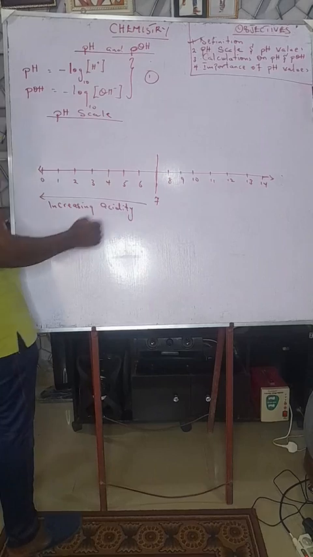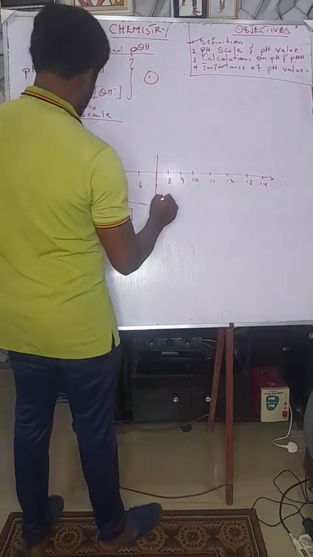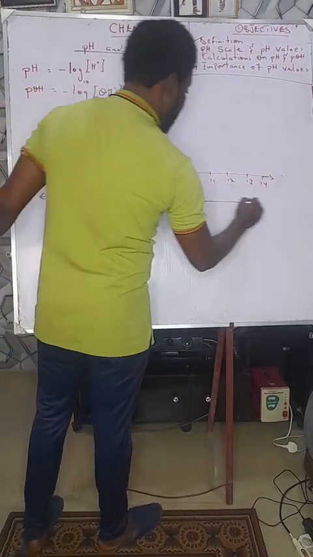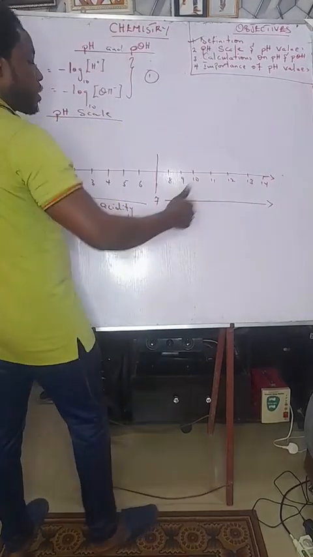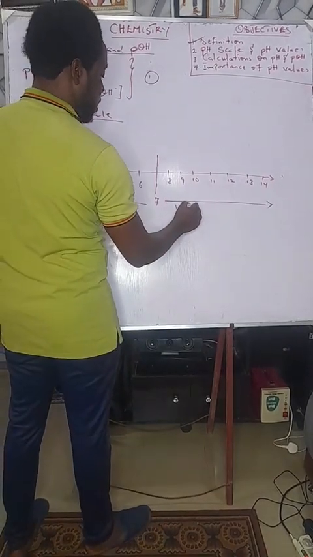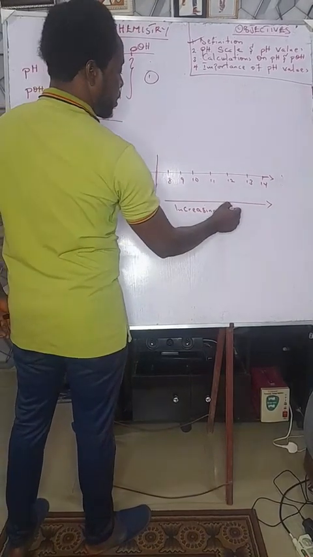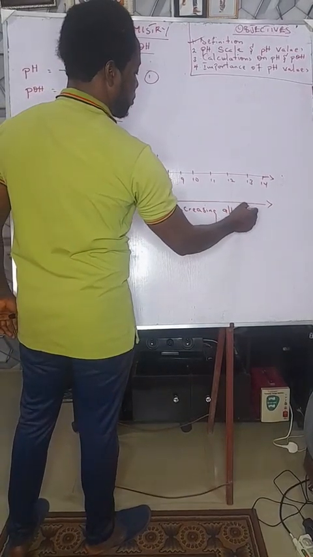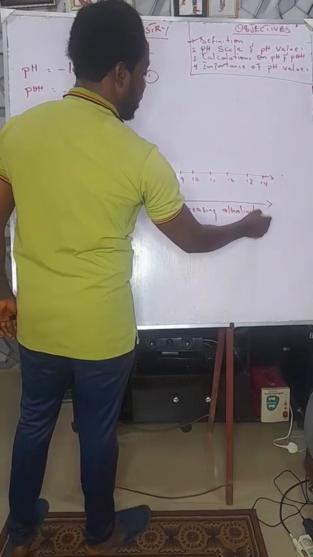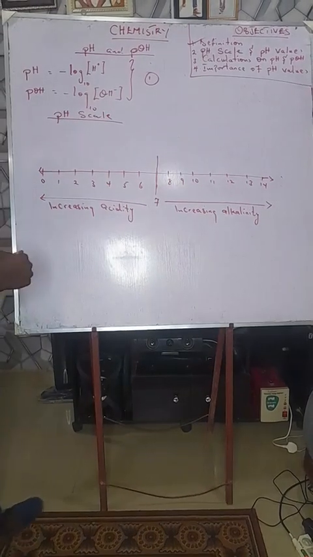You must have done pH in your junior class. Then this one increases like this, to that place. This is increasing alkalinity.